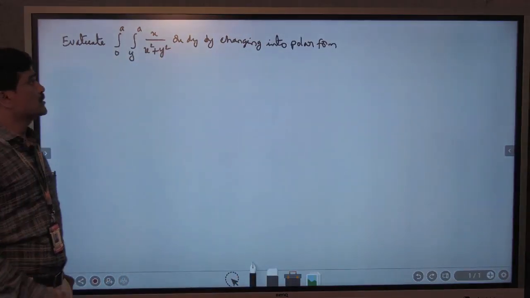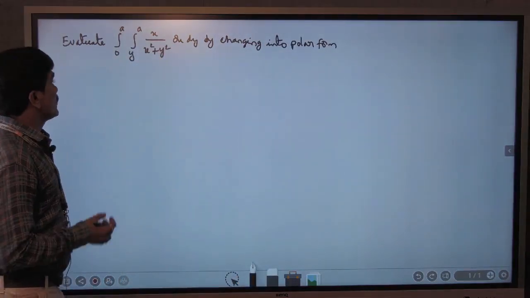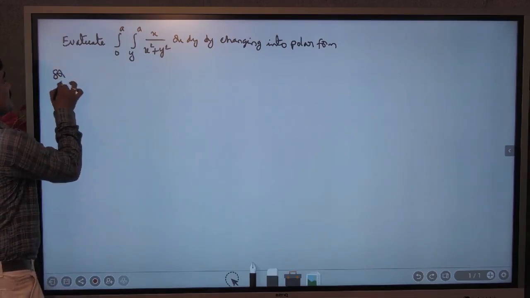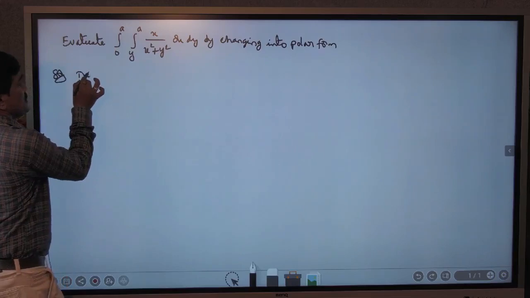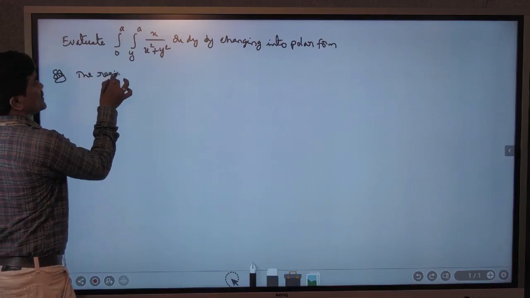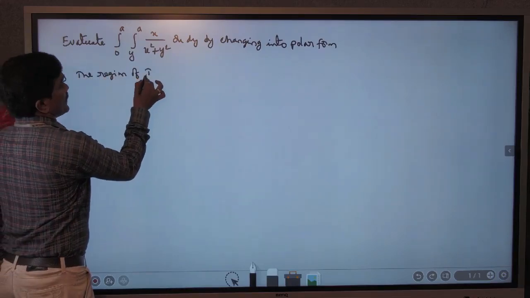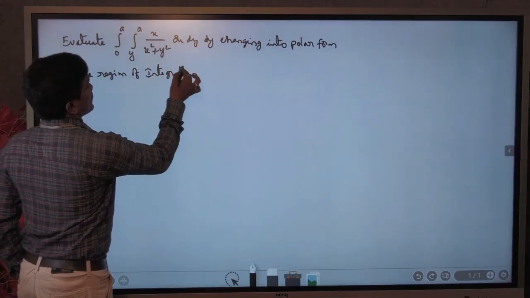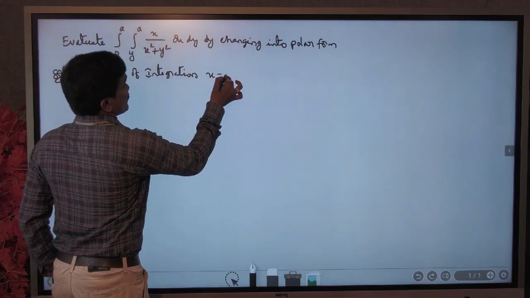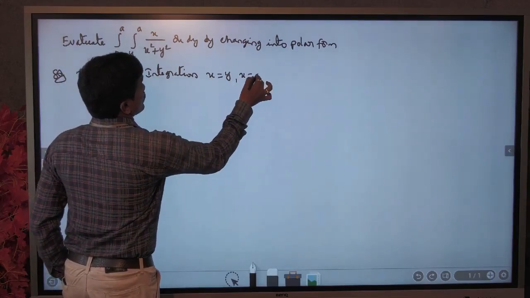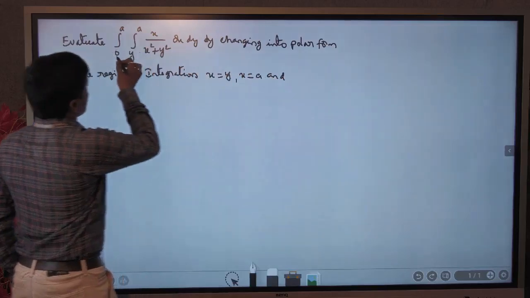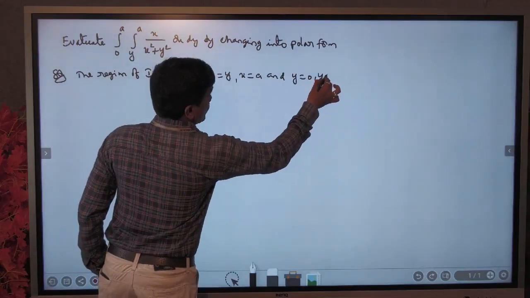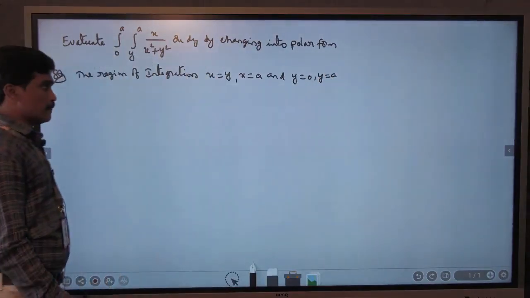Now how to change into polar form? First of all, draw the curves. What is the region of the given integration? The region of integration: x is from y to a, so x is equal to y and x is equal to a, and y limits are 0 to a, so y is equal to 0 and y is equal to a, right?